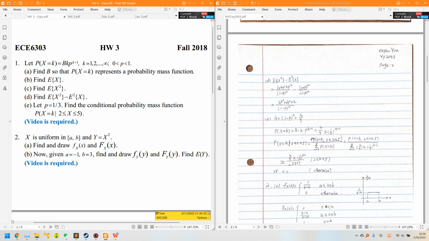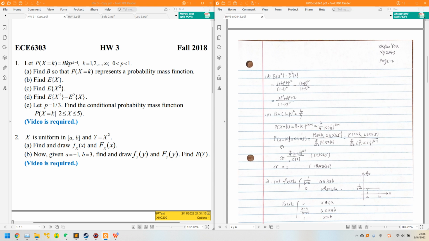We also put the value into the probability, which is 4/9 times k times (1/3) to the power of k minus 1, and then we calculate the probability when x is from 2 to 5, and we can write this function in this form.